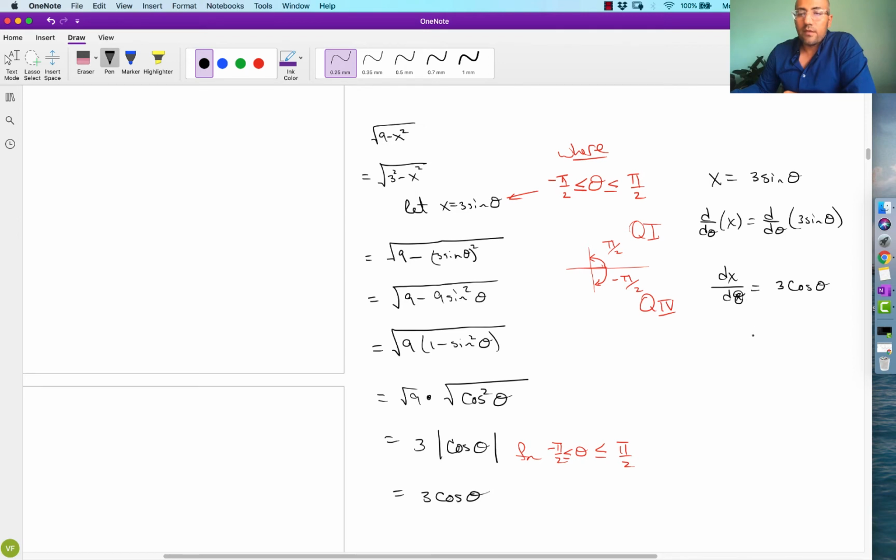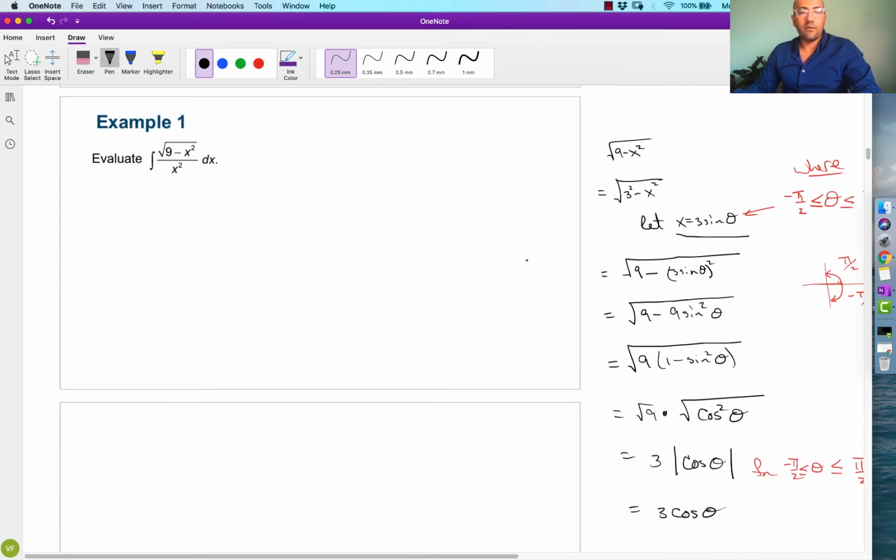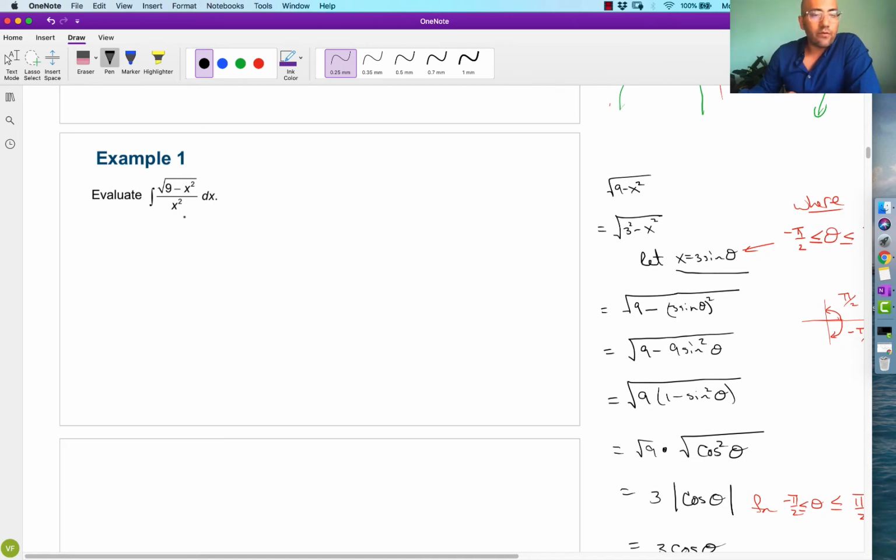Oops, this is theta. So dx is equal to 3 cosine of theta d theta. I'll need that for my substitution. Those two pieces can help me come back over here and replace this whole thing.